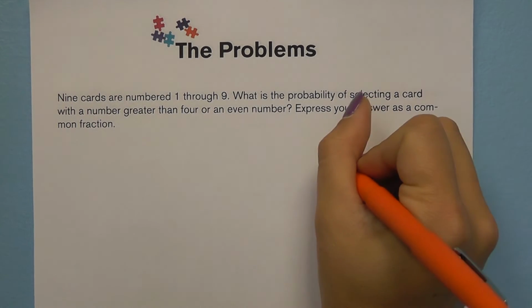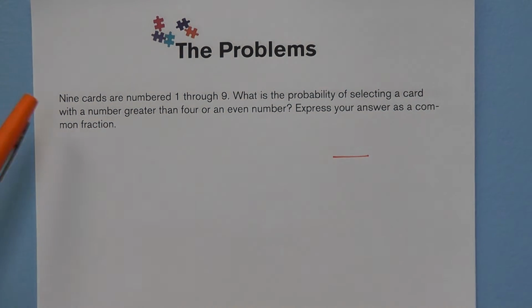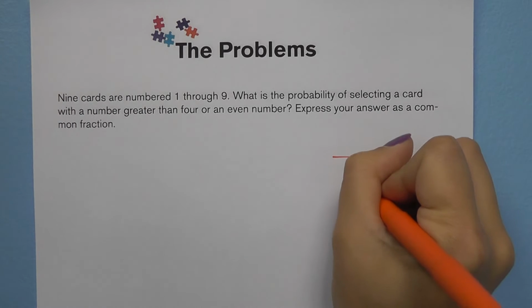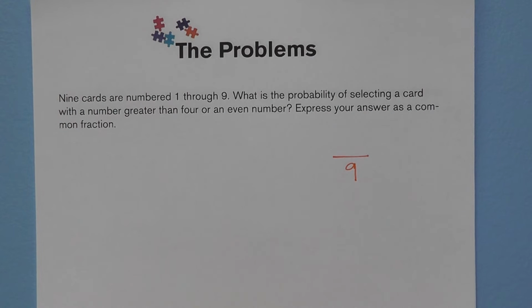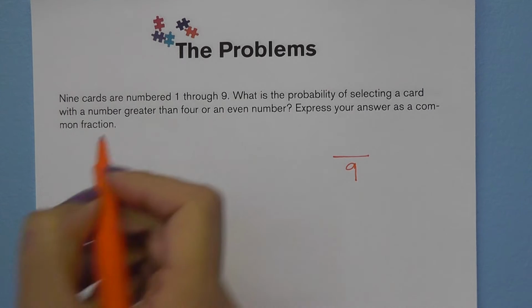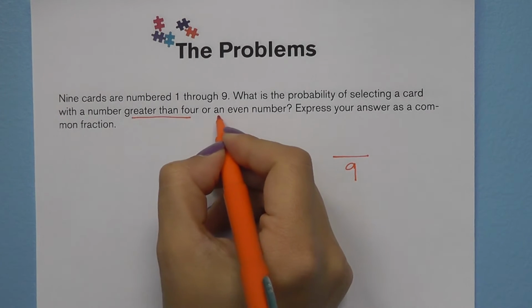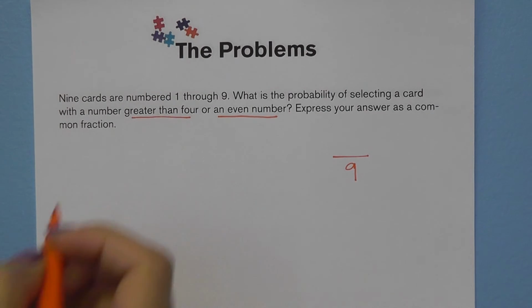So first, let's set up a ratio, and we know we have 9 cards, so our total number of possible outcomes on the bottom is going to be 9. So then we have to look at what our favorable outcomes are. We have 2 things we're considering here, a number greater than 4 or an even number. So let's look at what our options are.